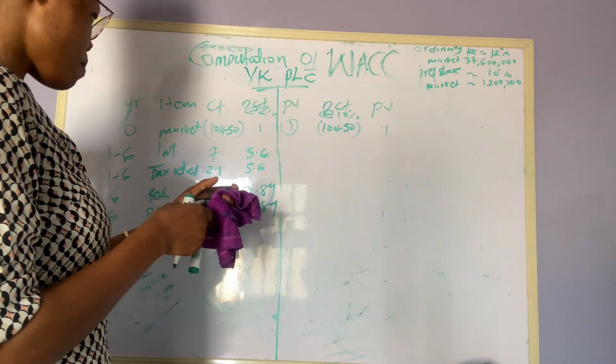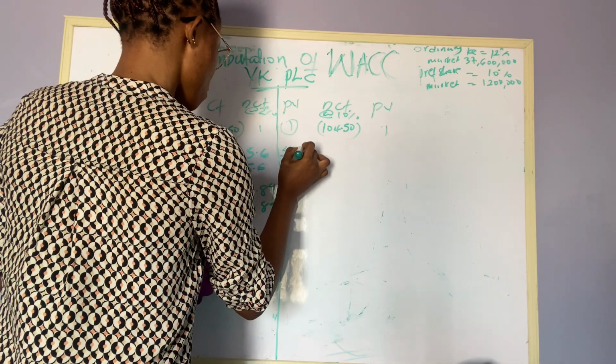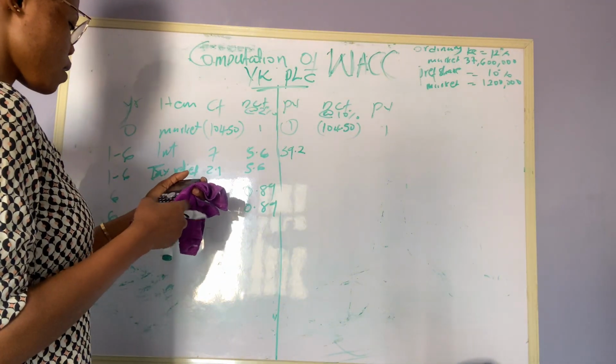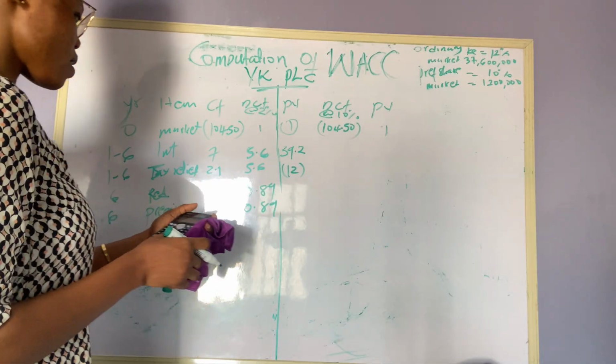Now we multiply. 7 times 5.6 gives 39.2, then 1.1 times 5.6 gives 12. Remember, it's an inflow, so we are deducting it.